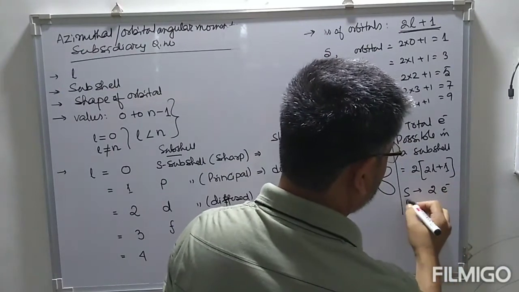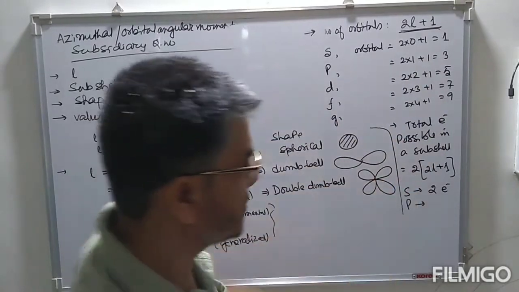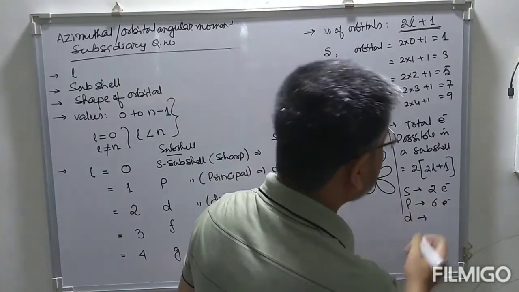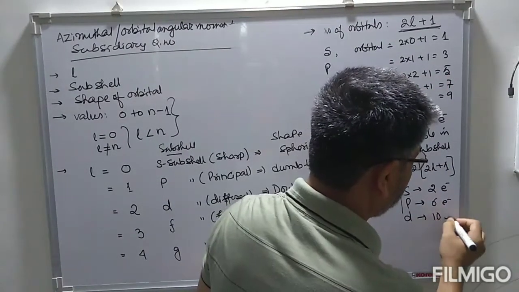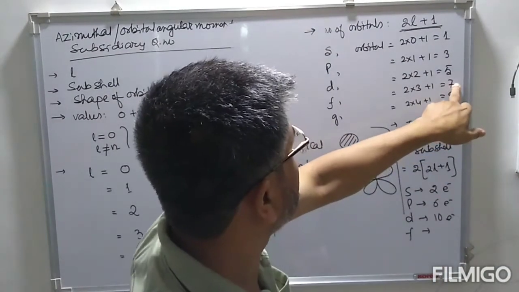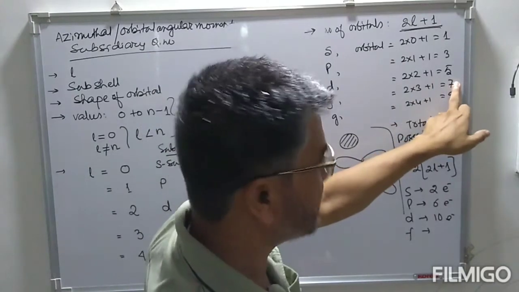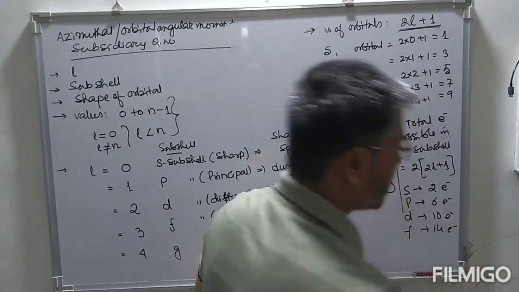P, how many orbitals? 3. So 3 into 2, 6. 6 electrons are possible in P subshell. D, how many orbitals? 5. 5 into 2, 10 electrons. F, how many orbitals? 7. How many electrons? 14, etc.